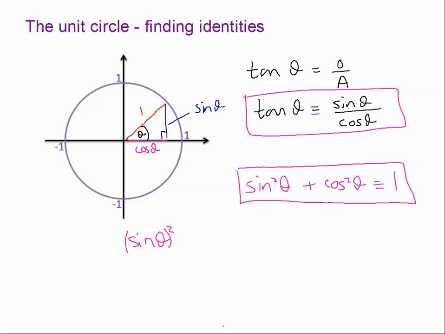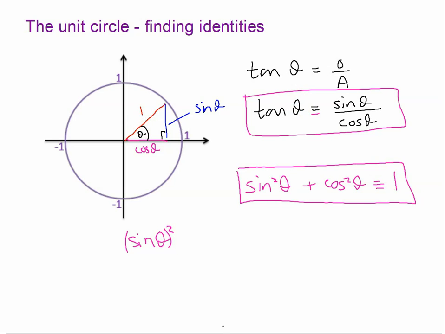Now the important thing to say about both of these is this angle, especially in this one, we're in control of the size of this angle, so it could be 20, it could be 30, it could be 40, it could be whatever we want it to be.